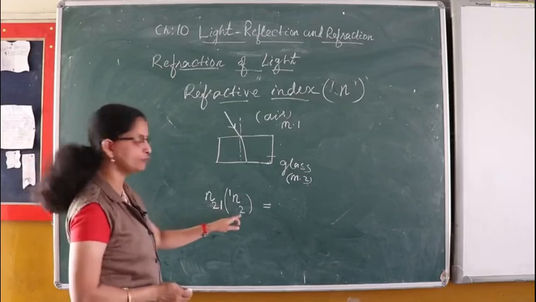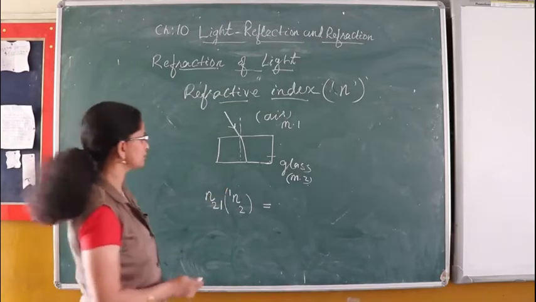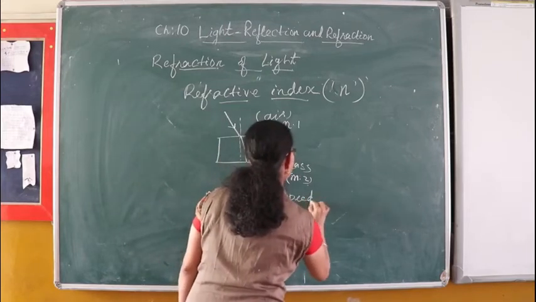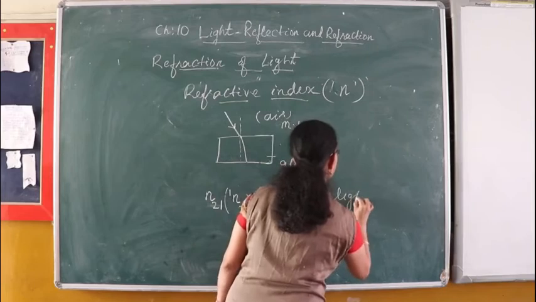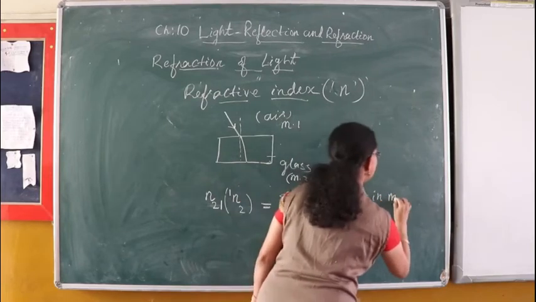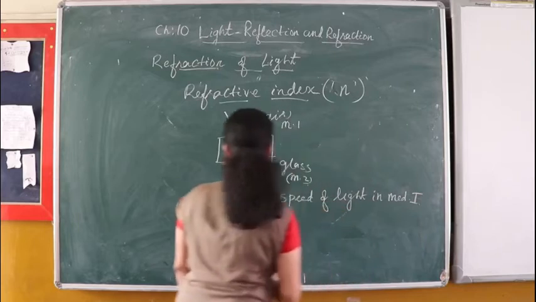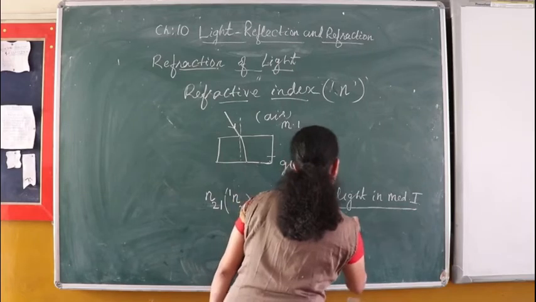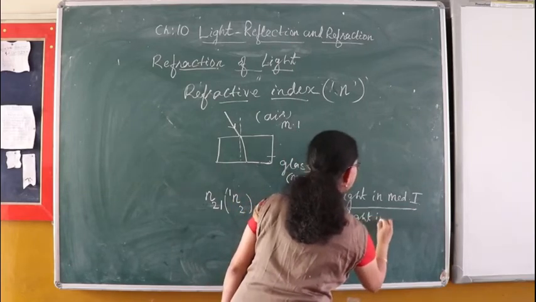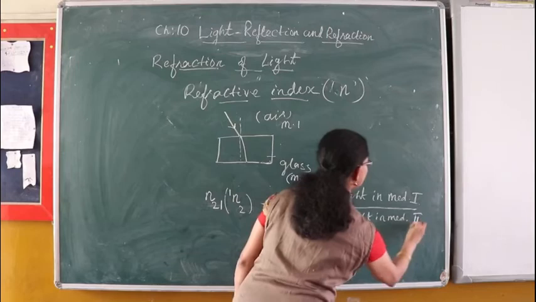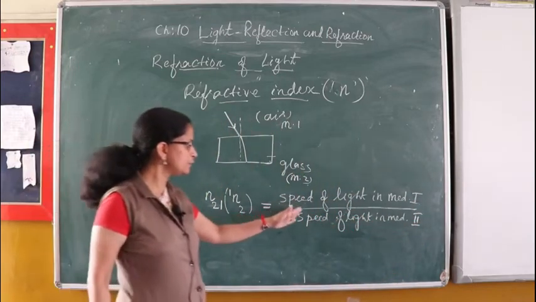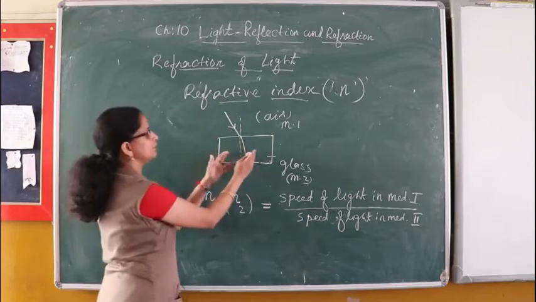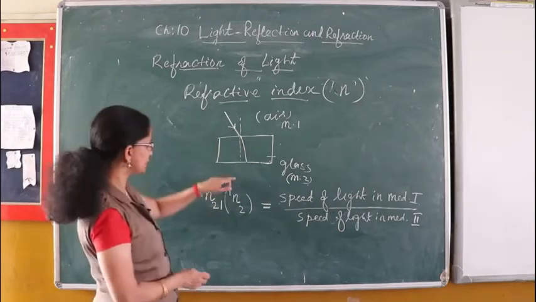So the refractive index of medium 2 with respect to 1 will be given by the speed of light in medium 1 upon the speed of light in medium 2. The ratio of the speed of light in medium 1 to that in medium 2 gives the refractive index of medium 2 with respect to 1.